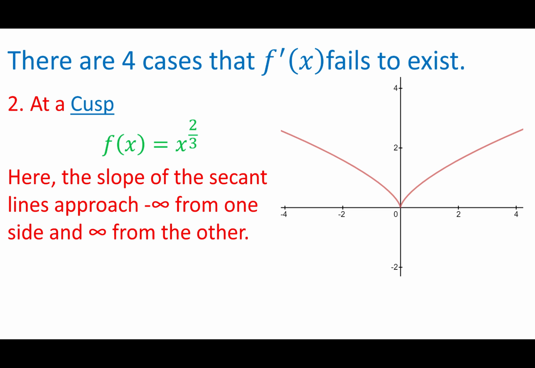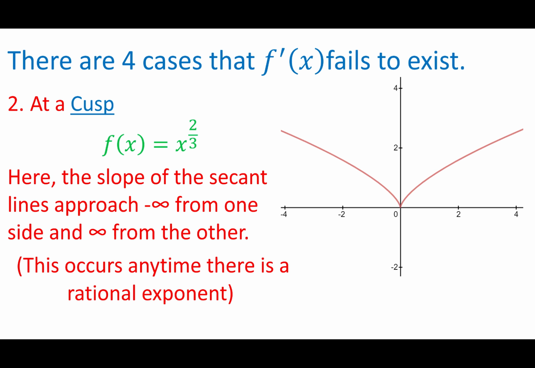And this is a continuous function, but it fails to be differentiable right there at 0. And this cusp will occur anytime we have any sort of a rational exponent. It will create this shape.